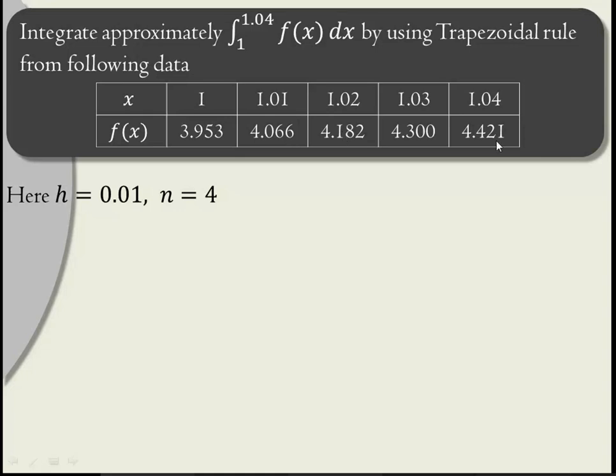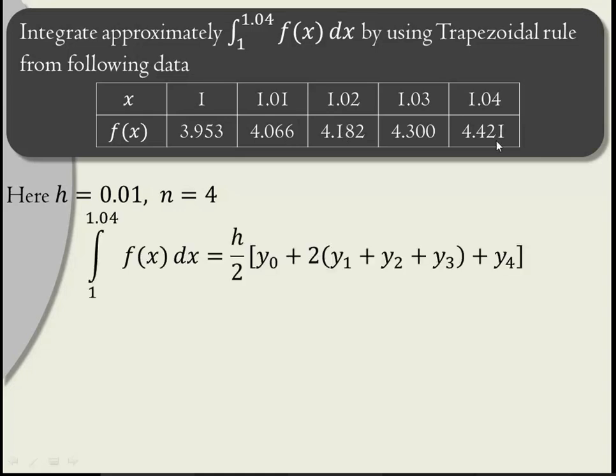And we know the formula, the trapezoidal rule. The integral from 1 to 1.04 of f of x dx will be h by 2 times y0 plus yn, which here is y4, that is the addition of the first and last terms, plus 2 times the addition of all the middle terms.